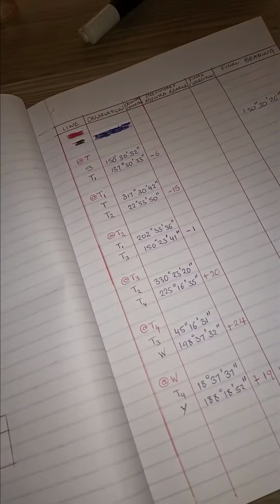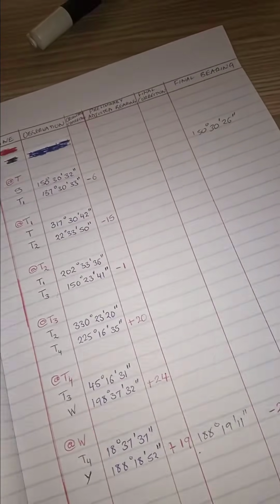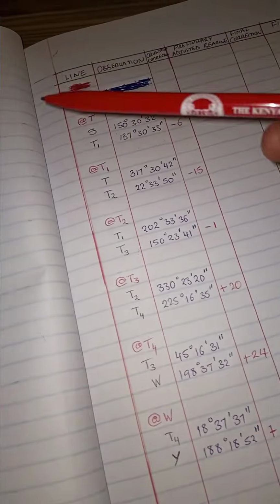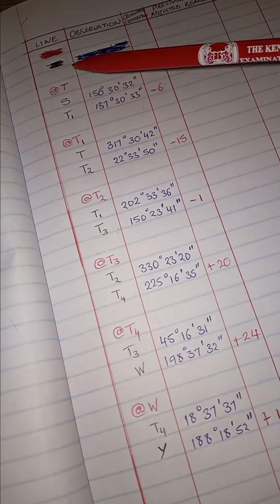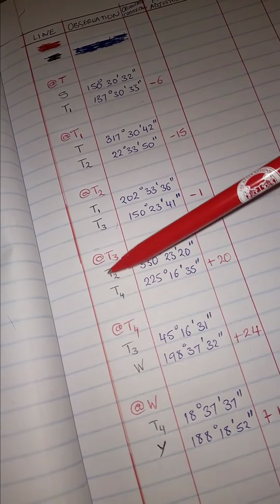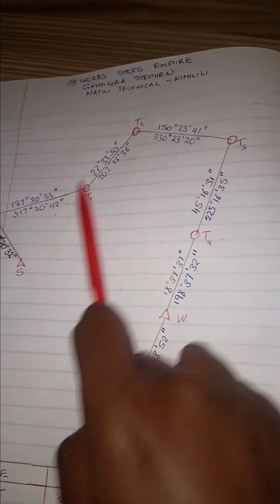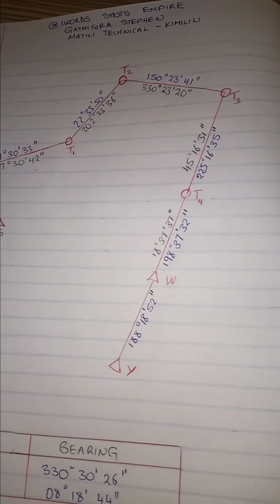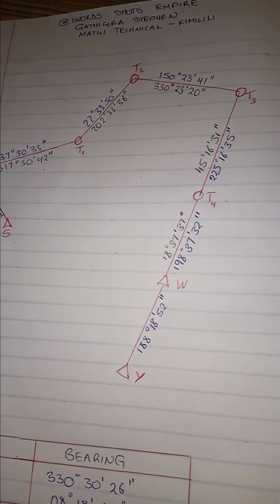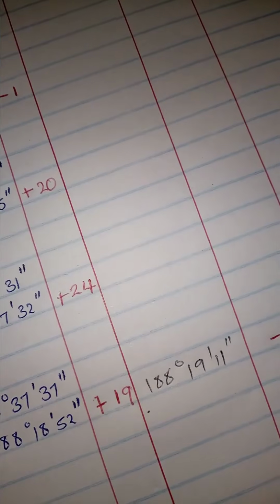From there we come to the final correction here. So I will count my stations. We have 1, 2, 3, 4, 5, 6. So those are my 6 control stations that were found on this bearing traverse. So here we'll divide it by 6 stations.